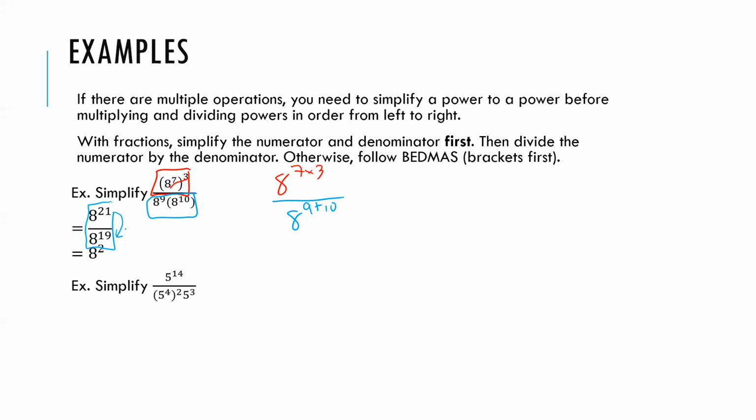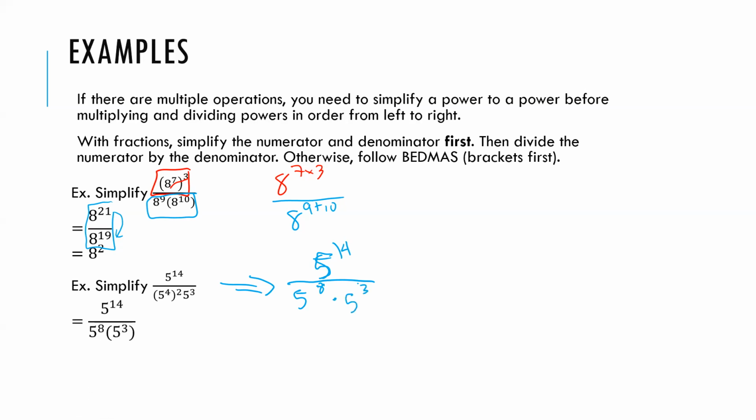Here's another example. I have 5 to the power of 14 divided by 5 to the power of 4 to the power of 2 times 5 to the power of 3. All right, this one was a little bit messy, but let's take it step by step. There's nothing to do in the numerator, so I'll leave it alone. I'm going to simplify the denominator. I have 5 to the power of 4 to the power of 2, which is 5 to the power of 8. And then I multiply by 5 to the power of 3.